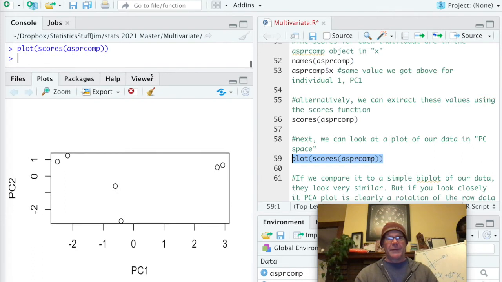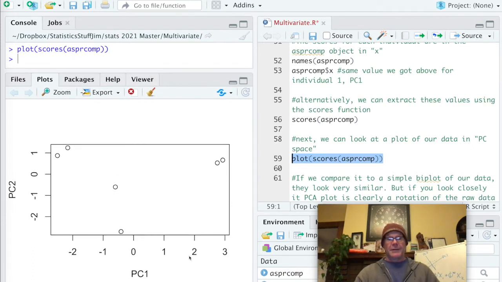And they look something like this, okay? So here's PC1. Remember, PC1 is explaining, what was it, like 72% of the variation. And then here's PC2, which is explaining the remaining 28% of the variation. And these are our data projected into PC space.